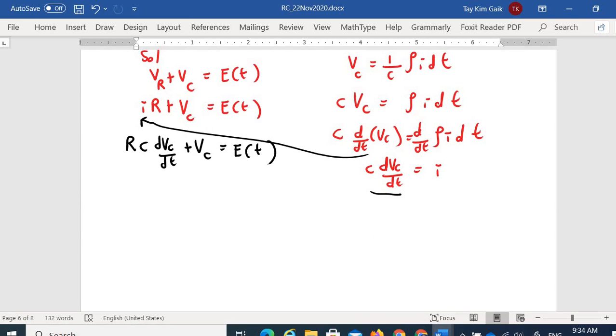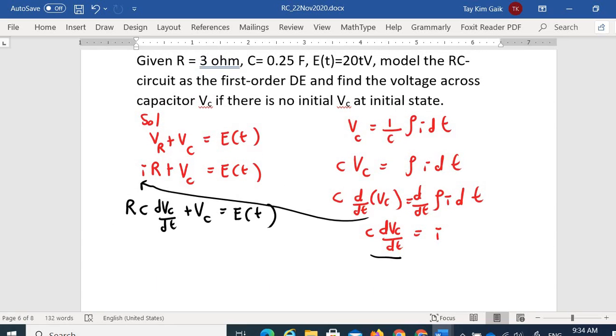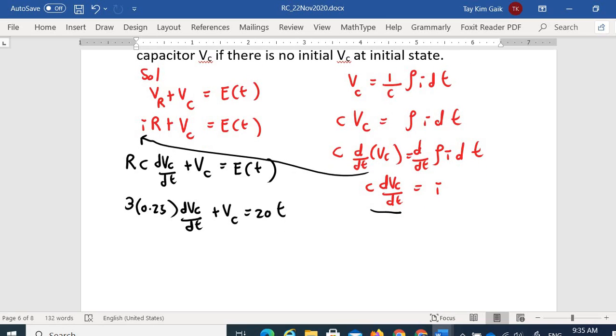Now we plug in the R, C and ET values. R is 3, C is 0.25, which is 1 over 4.